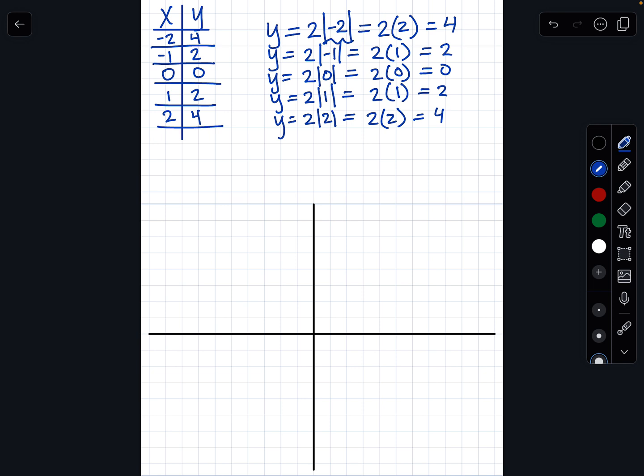So at -2, we go to +4. -1, +2. 0, 0. 1, 2, and 2, 4. Now, what type of graph did that make? What's our graph going to look like? What letter is that? Yeah, it's going to look like a V. Absolute value, every time, it should look like a V.